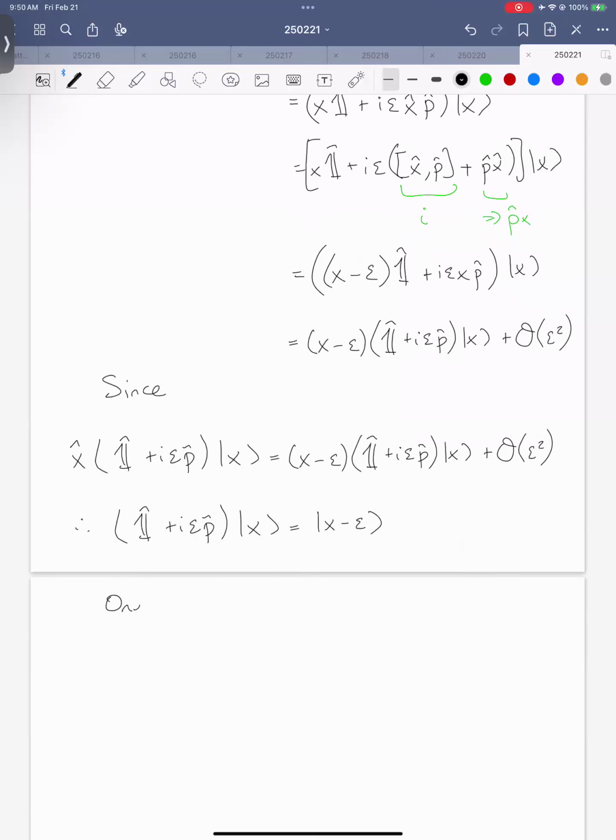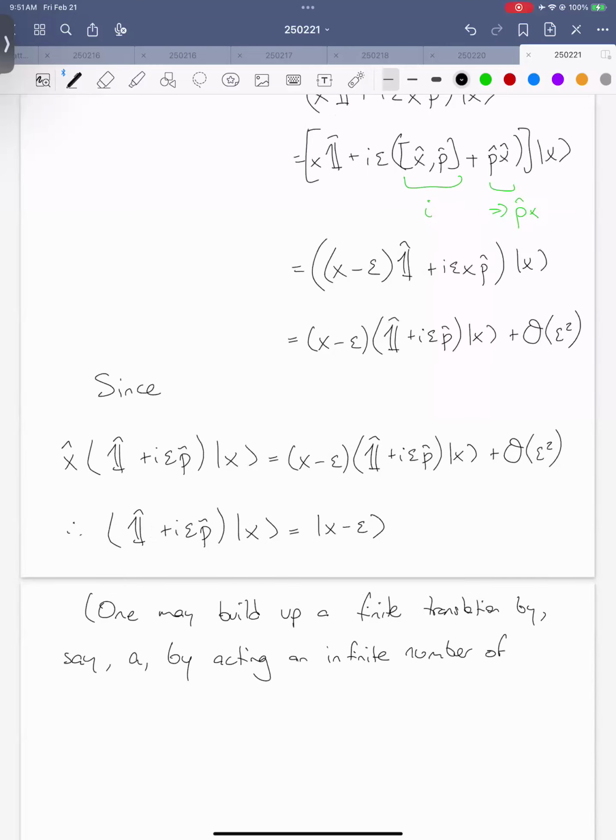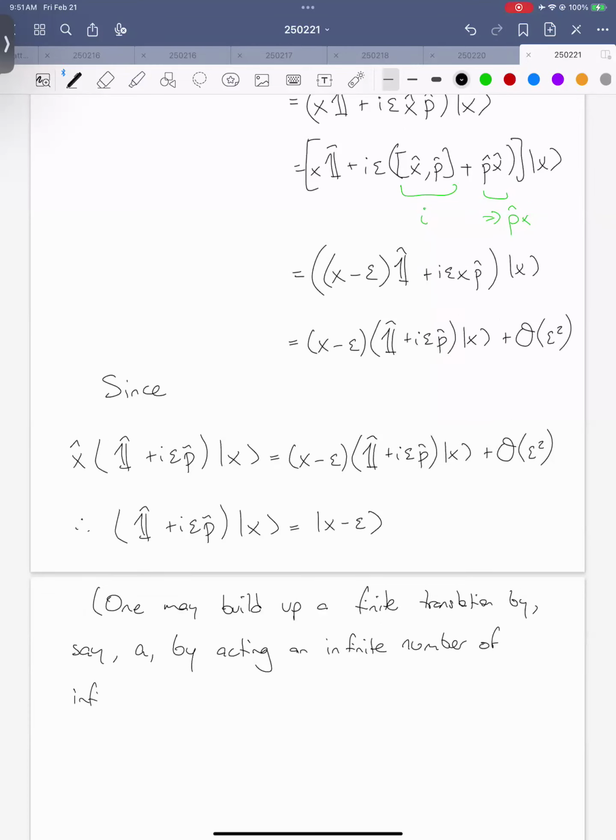So somewhat parenthetically, one may build up a finite translation by, say, a, by acting an infinite number of infinitesimal translations.